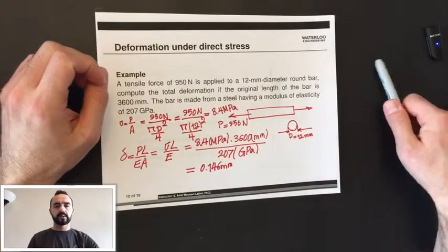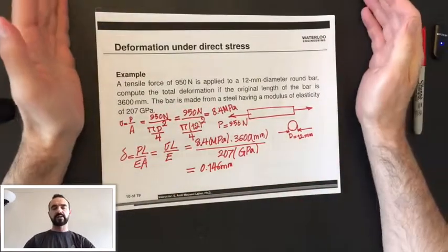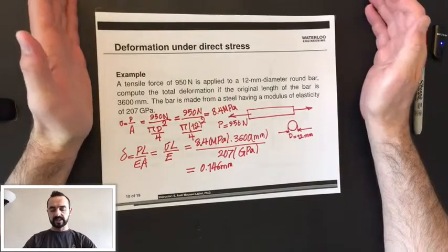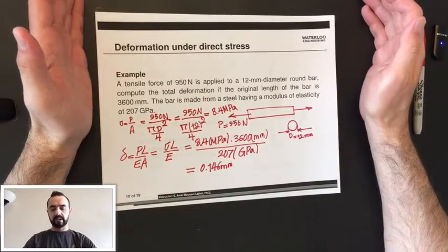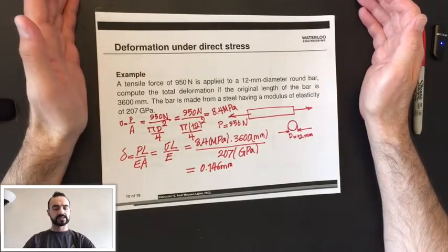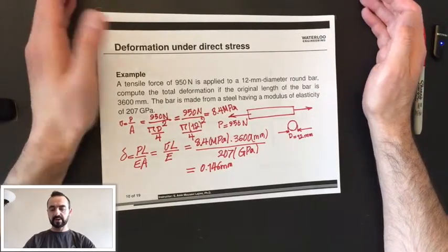All right. So we have a simple direct uniaxial stress case here. We had a round bar under a single axis tensile force, and then we computed the elongation of this bar.